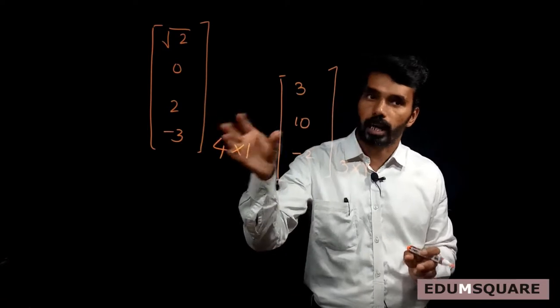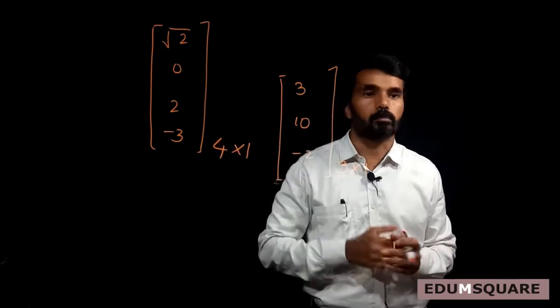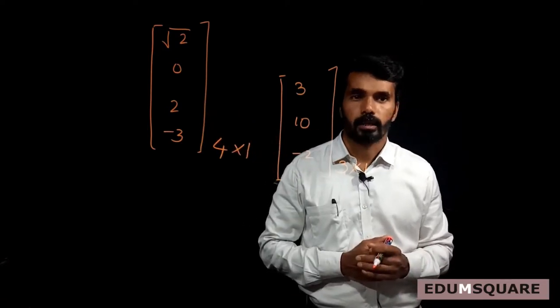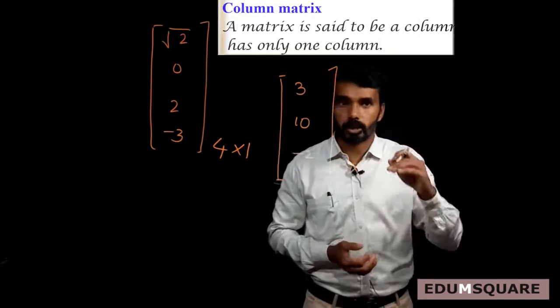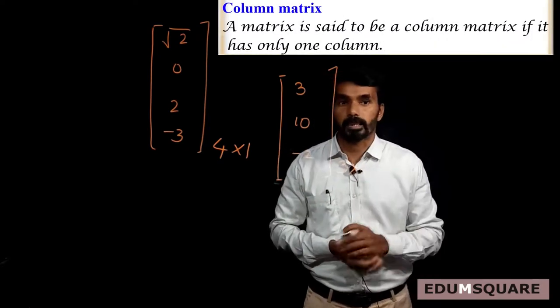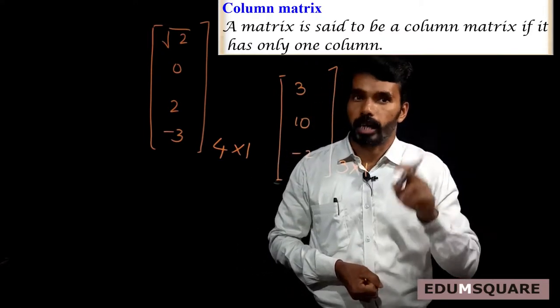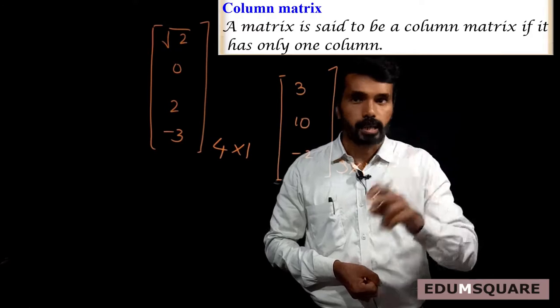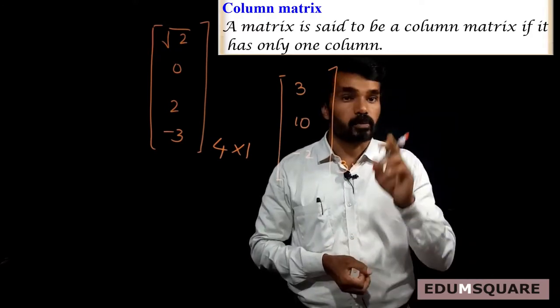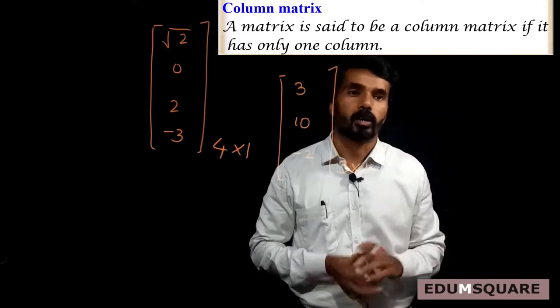A matrix is said to be a column matrix if it has only one column. Keep that in your mind.